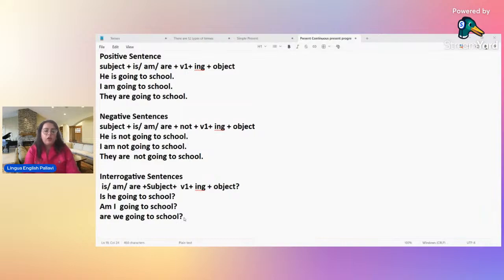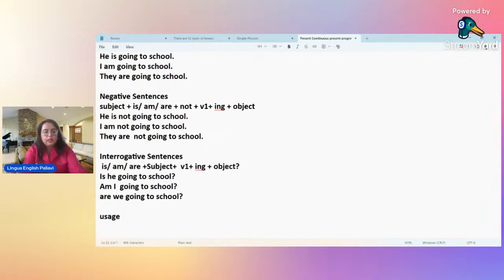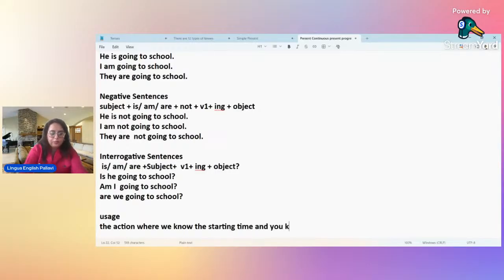Now very important is to understand its usage. How do we use this tense? Because usage plays a very important role. So the usage is that the action where we know the starting time and we know the ending time.